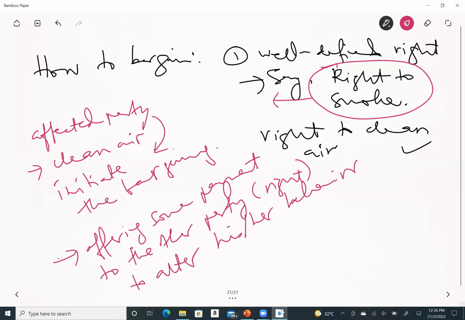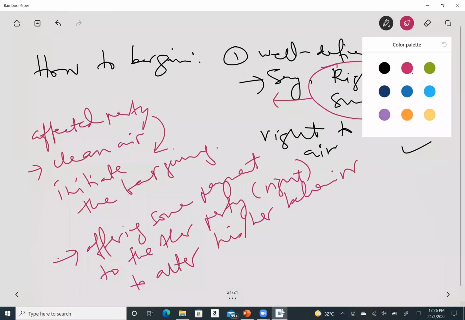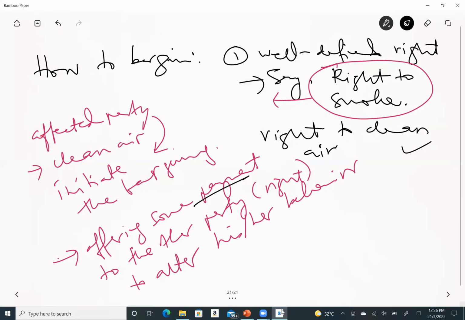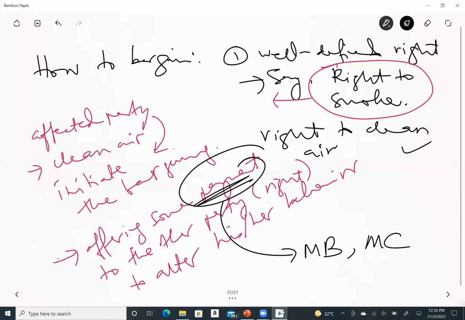So you offer some payment. Now what is the payment? The payment is only in terms of the marginal benefit and the marginal cost. You are going to compensate him or pay him up to your marginal benefit.